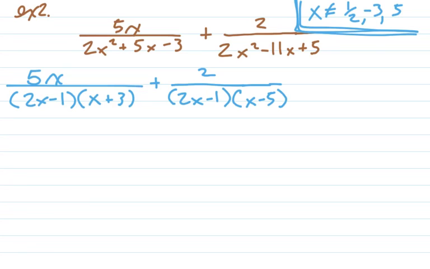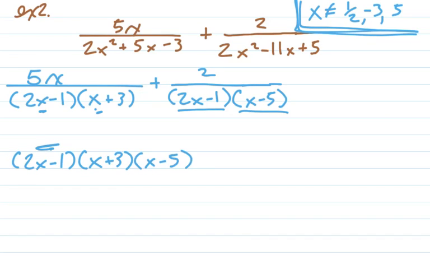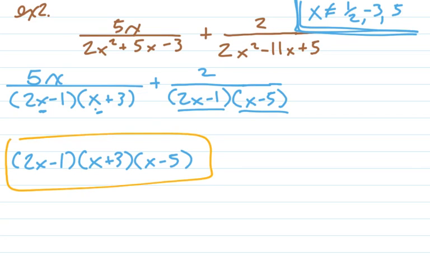Okay? So I want to find my least common denominator here. I have a 2x minus 1 here, and I have an x plus 3 here. Those are two things I need in my LCD. For the next term, I already have a 2x minus 1, so I don't have to list that, but I do have to list this x minus 5, and that is going to be our common denominator right here.